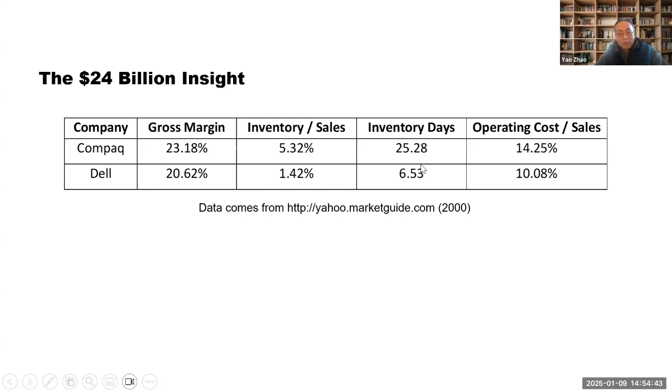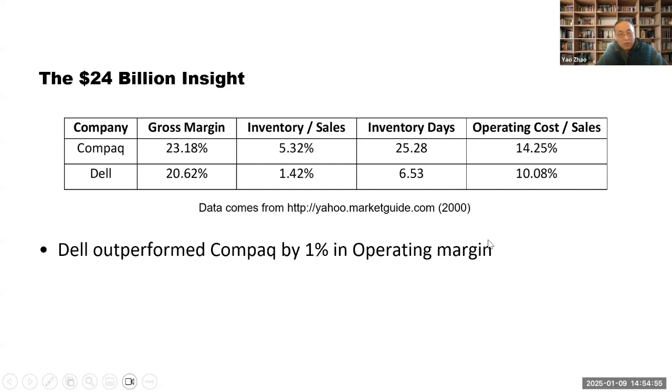With 6 days of inventory versus Compaq's about 25 days, that translates to different operating costs. For Compaq, it's about 14%, Dell 10%. So do the math: subtracting operating costs from gross margin, you find out Dell outperforms Compaq by about 1% in operating margin.